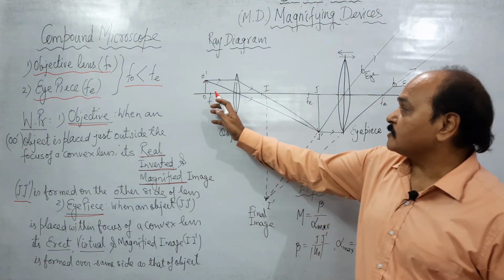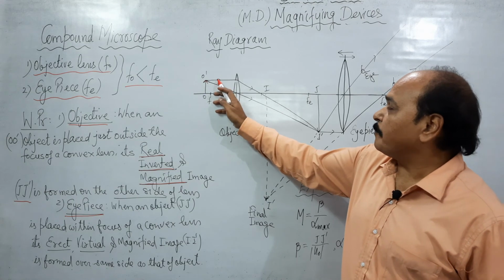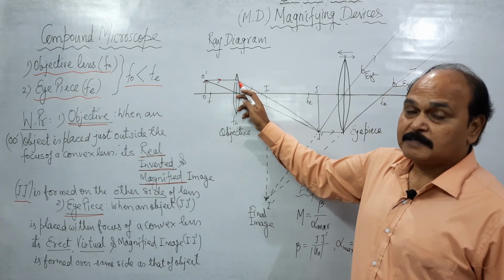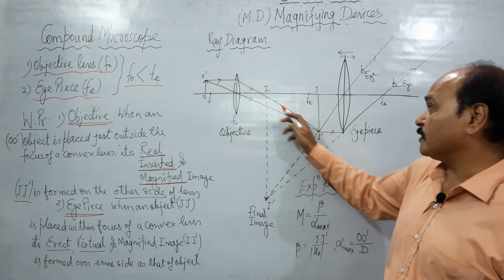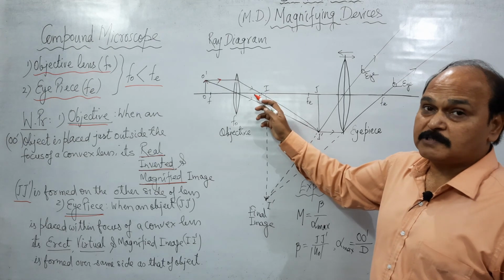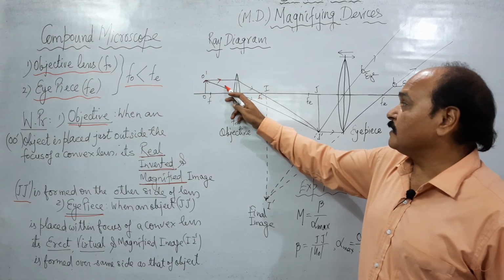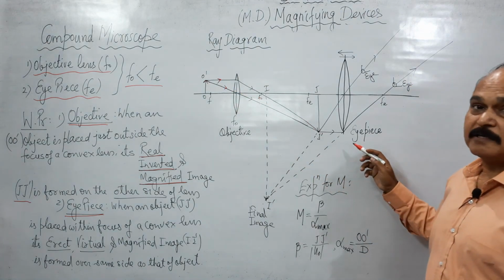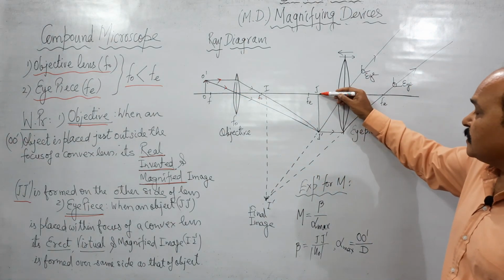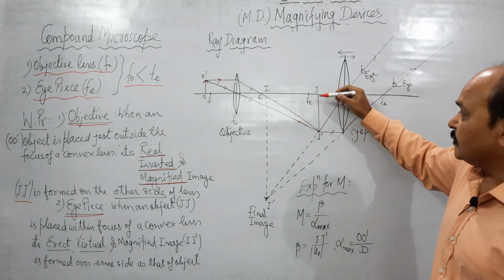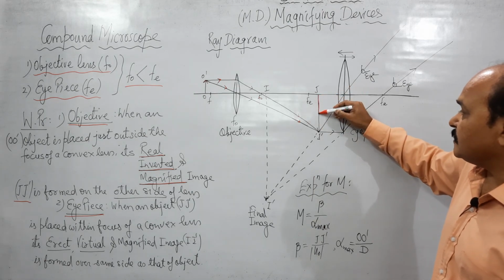So this is the object outside the focus, and what happens? The parallel ray from the object falls on this lens, and after refraction it passes through the focus. This is f0, the focus of the objective lens on the other side. The other ray which passes through the optical center moves across without any deviation, and both these rays meet somewhere here, and wherever these rays meet, the image JJ dash is formed.